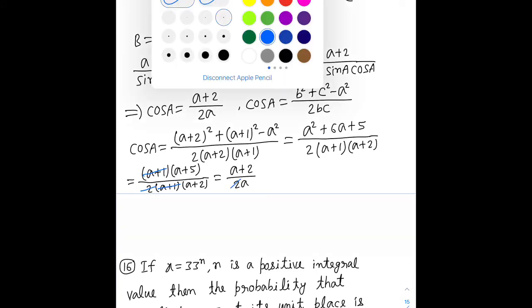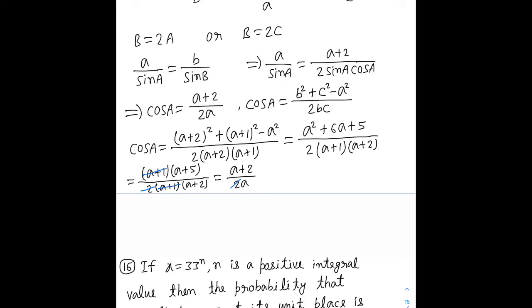Now if you multiply, you will get a plus 5 into a, that's a square plus 5a. And a plus 2 into a plus 2 is a plus 2 whole square, that's a square plus 4a plus 4. Then you can cancel a square, so you're getting a equal to 4.